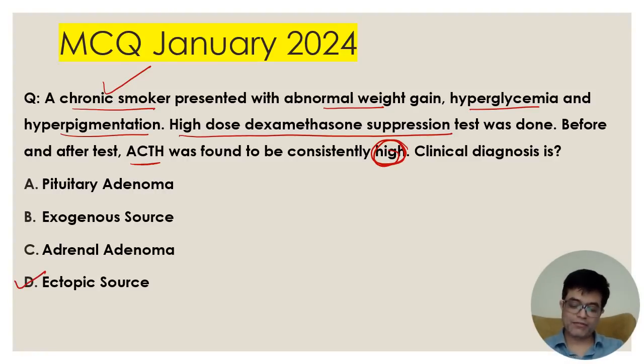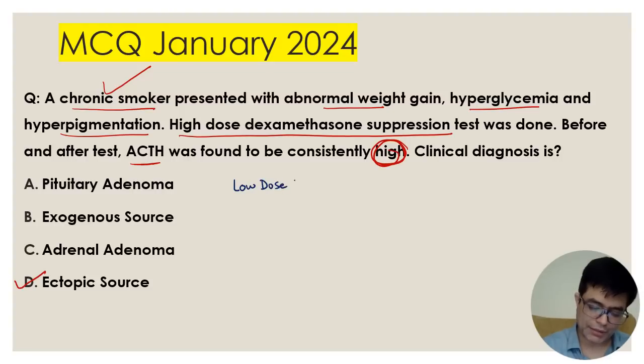Now you might get confused, sir, how to approach such a question. There is another approach you can remember. This is the simpler one. First we do a test called low dose dexamethasone suppression test. What is the dose that we give? 1 milligram in such patients.